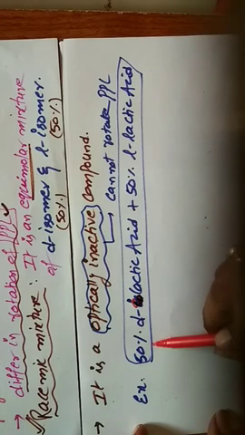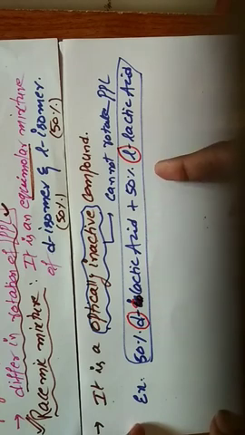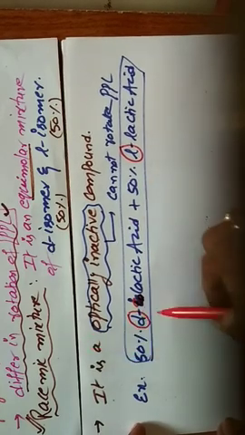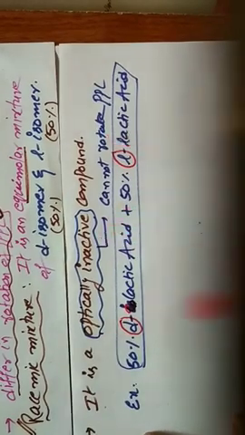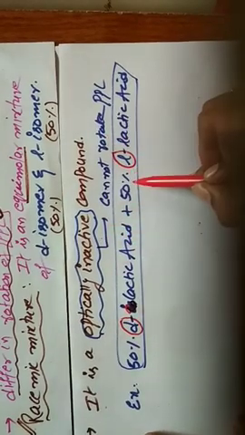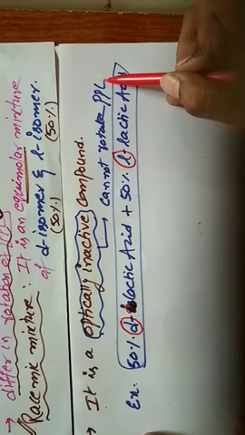Yes or no? According to the definition, 50% D lactic acid and 50% L lactic acid, both in equal quantity, is called a racemic mixture. So this mixture is an optically inactive compound. That means the total compound cannot rotate plane polarized light.